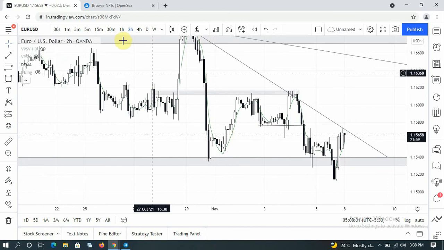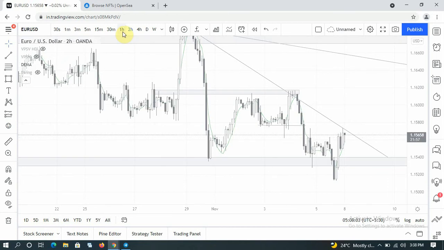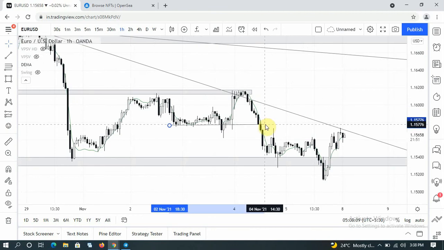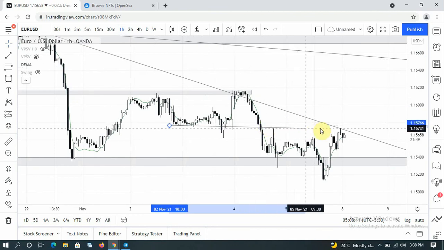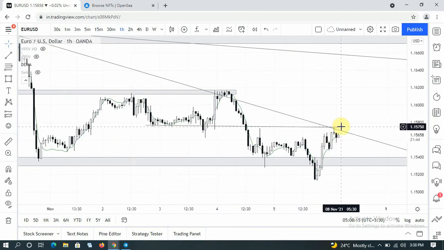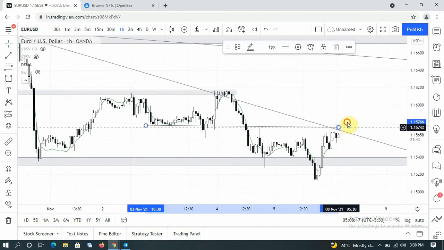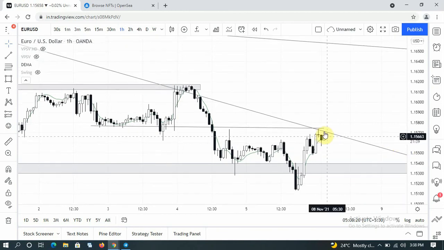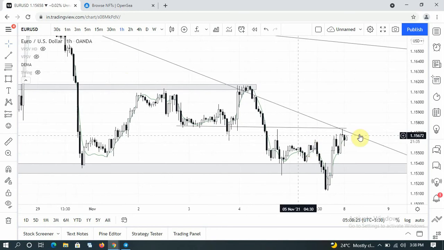So just to make the long story short, if you're looking for a long entry right now, this is what I would do. You have this resistance right here, the mini resistance, and another trend line on the 4 hour time frame, right?